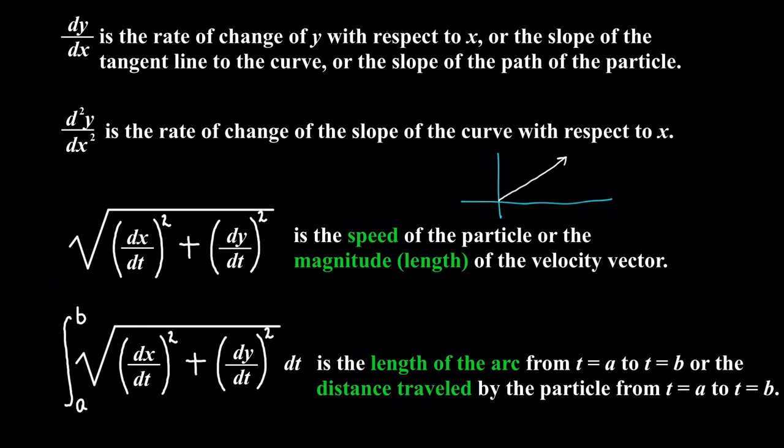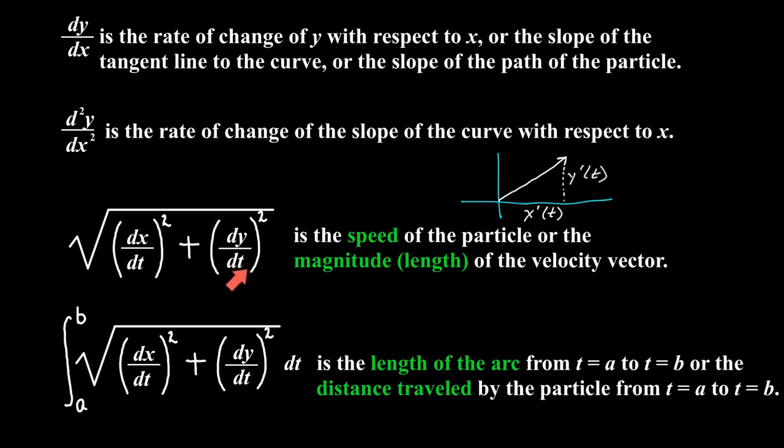Well, if you have a velocity vector, that means you're going to have x prime of t here and y prime of t here. And with the Pythagorean theorem, you would have this squared plus this squared equals this squared, which means the length of this side would be the square root of the sum of these two sides squared, which is our formula right here.